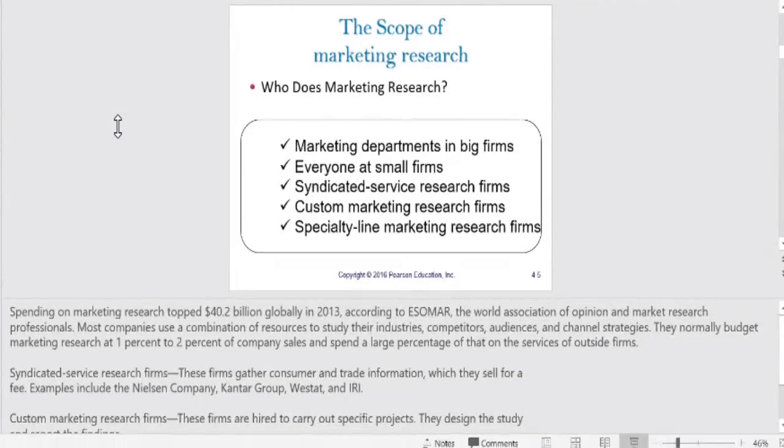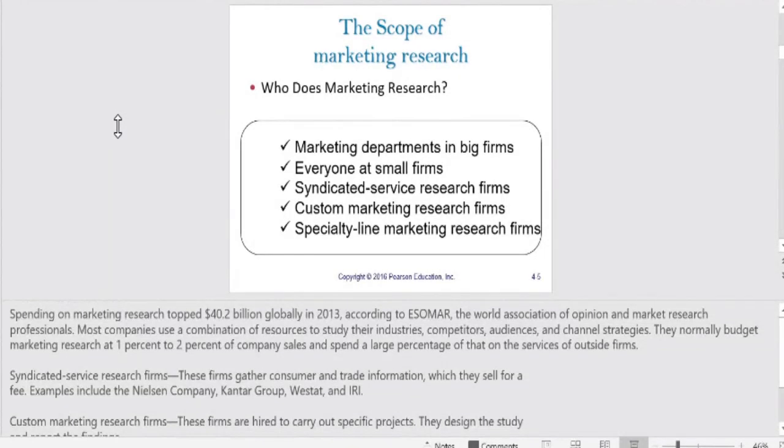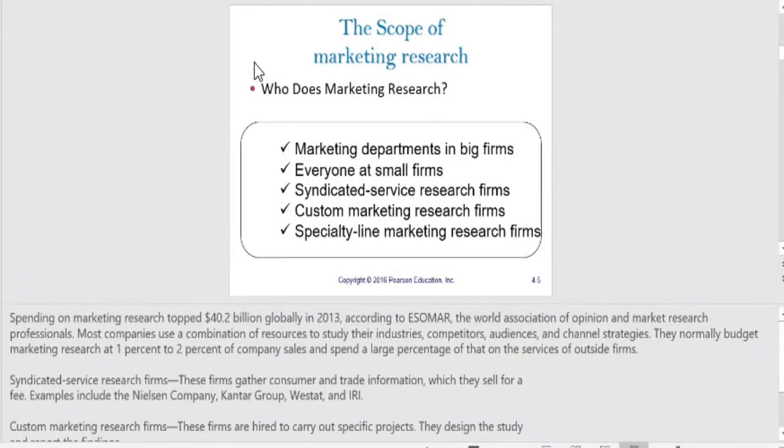This was founded by an organization called ESOMAR, that is the World Association for Opinion and Marketing Research Professionals. Now, most companies use a combination of research to study the different types of industry, competitors, audience, and channel strategies. The normal budget of marketing research is around 1 to 2% of the company's sales, and they spend a large percent of these services on outside firms.